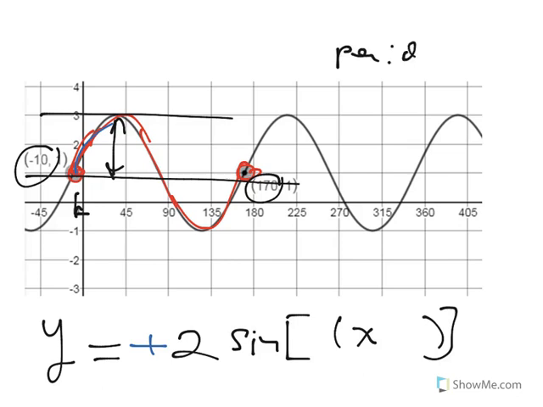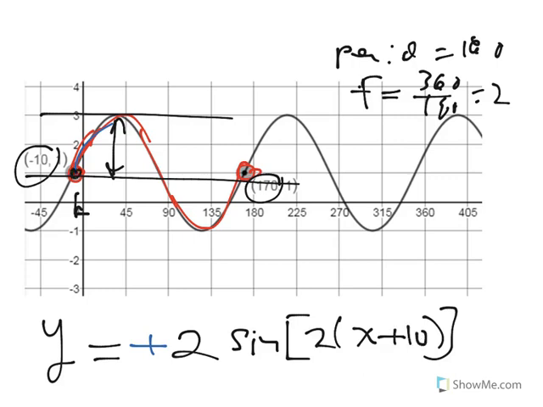So the period is 180. So this B value, or the frequency, is 360 over 180, which equals 2. The fact that this is starting at negative 10 means I need to put a plus 10 there. And because the midline is here at plus 1, I put a plus 1 there. The truth is, you could do these 5 things, 1, 2, 3, 4, 5, in any order you want.